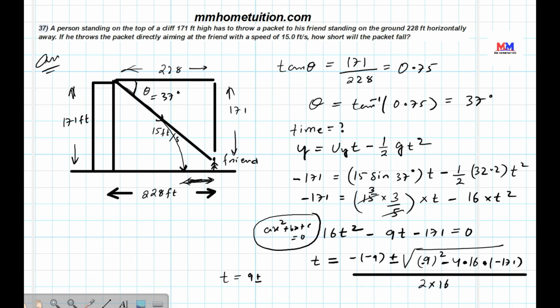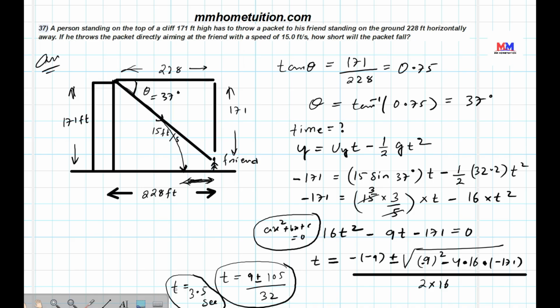So this is 105 divided by 32. So t equals 105 plus 9, that is 114 by 32, that is 3.5 seconds. Time equals 3.5 seconds.